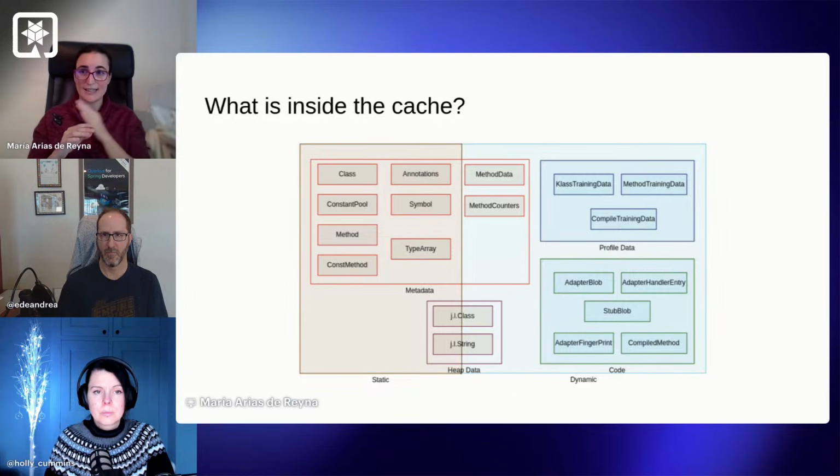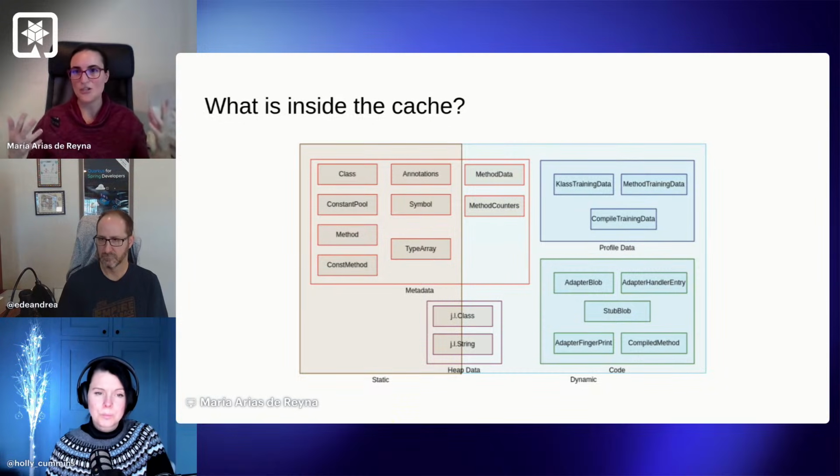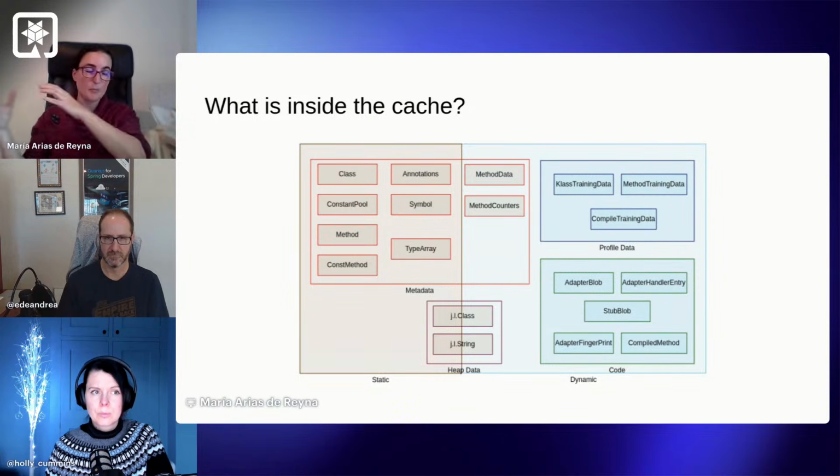The part that is static, that's always the same, you cannot directly dump the memory because the addresses change. So you cannot directly dump the objects, but you can say, okay, this is always the same, so it's just going to be a copy from the cache to the memory.